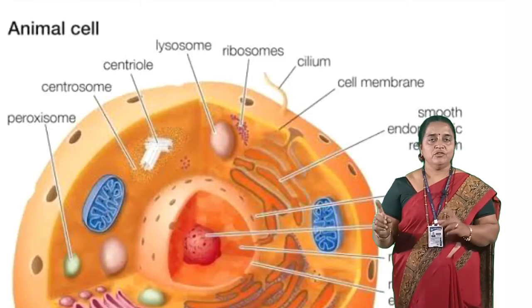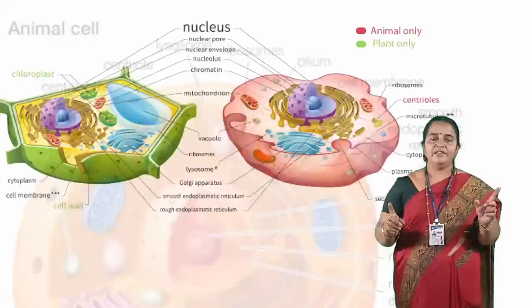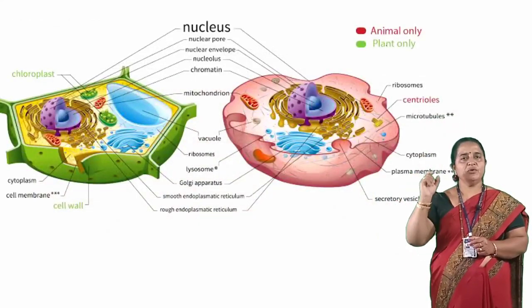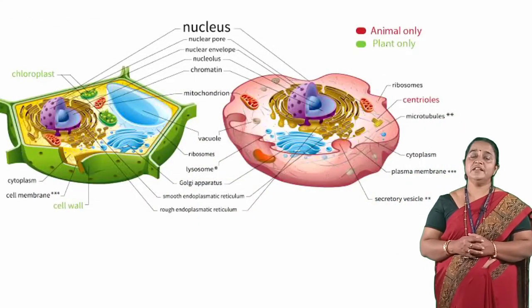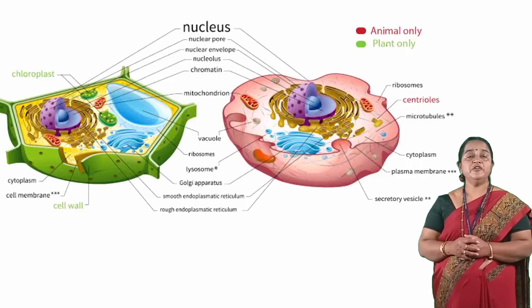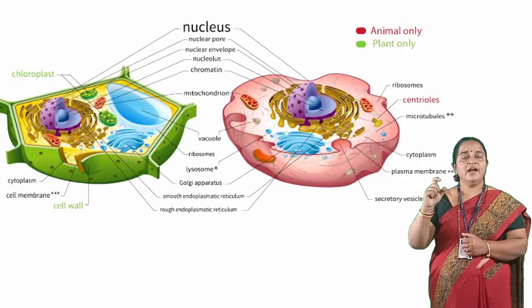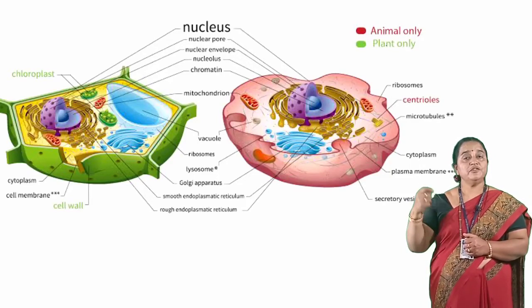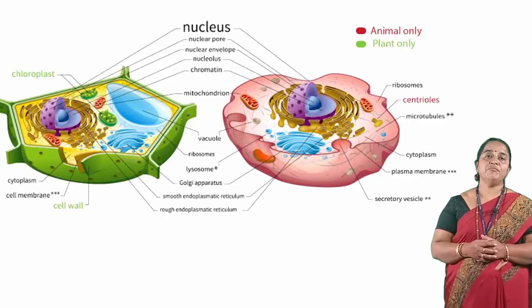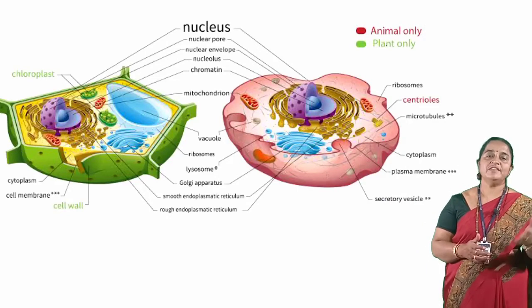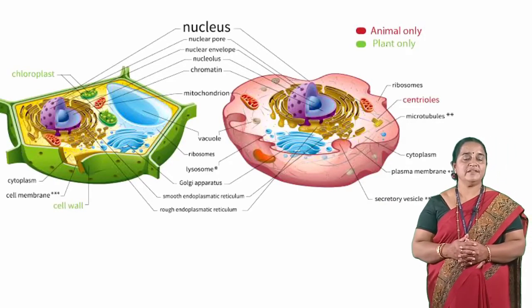So when we compare the plant cell with the animal cell, there is one more extra cell organelle present in the animal cell known as the centrosome. This centrosome has a centrosphere and a perpendicularly placed pair of centrioles, which produce spindles at the time of mitosis and meiosis to facilitate chromosomal movements.